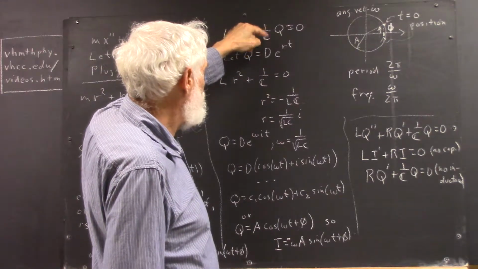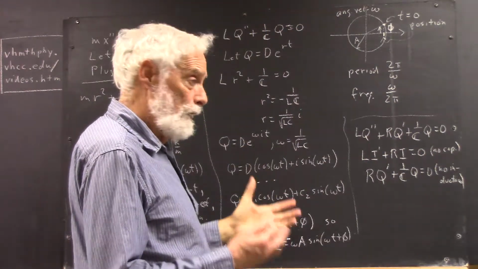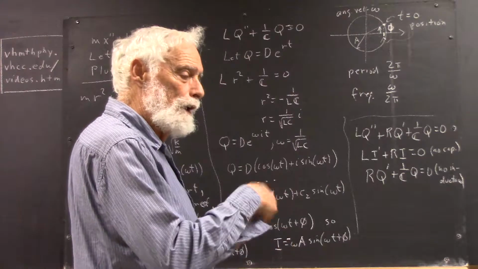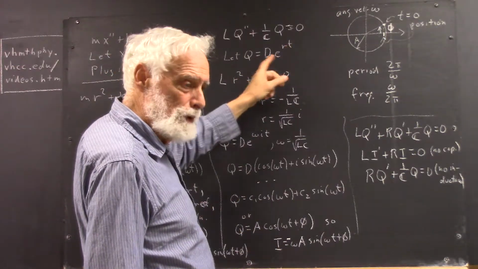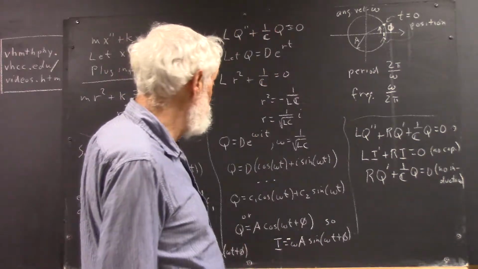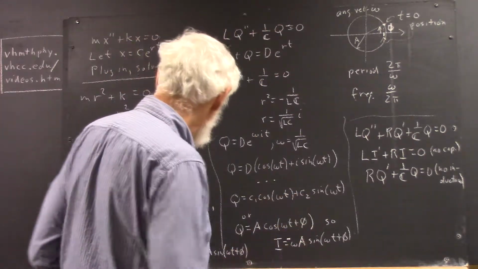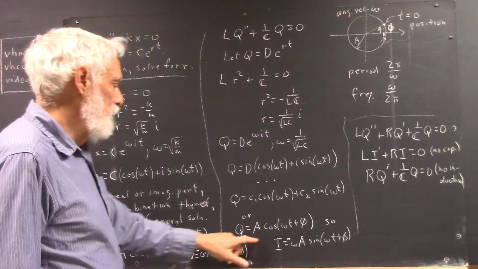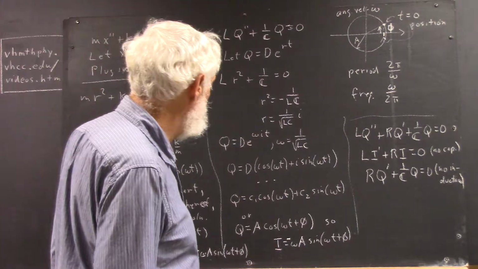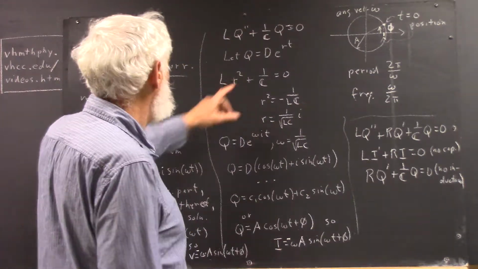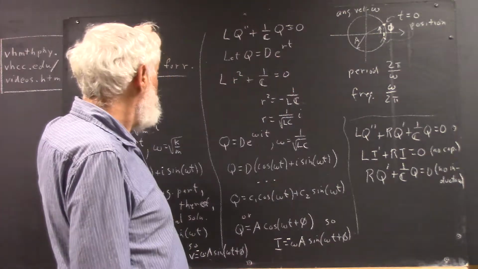Now I've got a fancy C with a little bar through it to indicate that it's capacitance and not just the plain old letter C, but we still don't want to let Q equal c e to the rt, so we let it equal d e to the rt. I don't want to use A because A is going to down here stand for amplitude, and we want an A down here, although we often use an A.